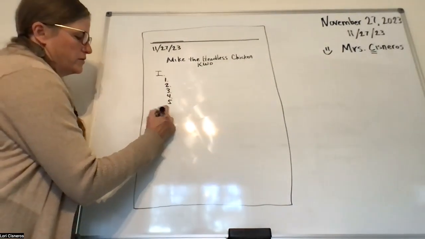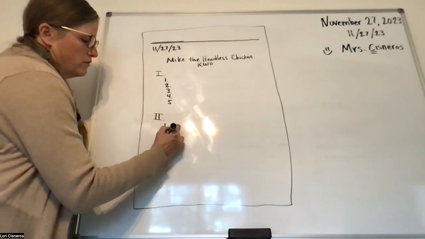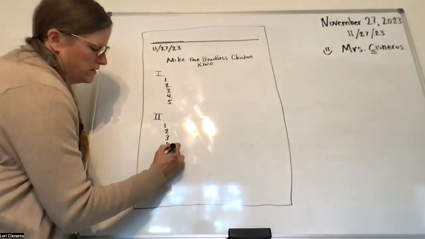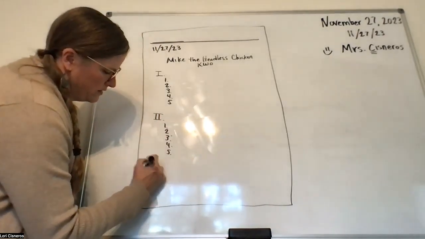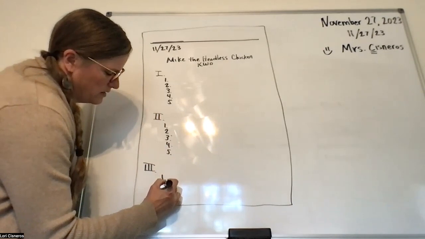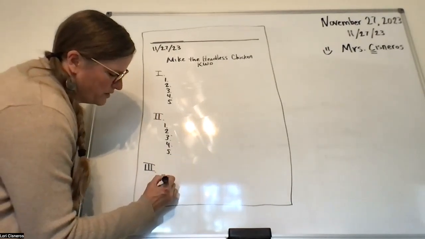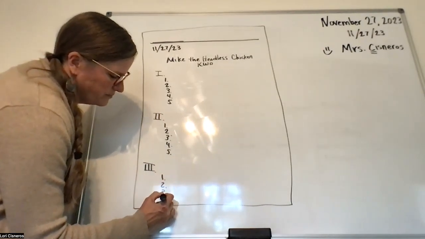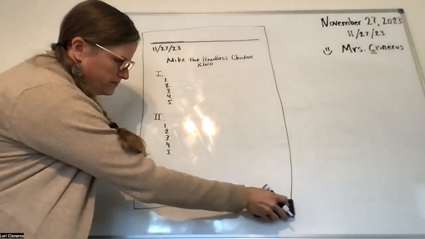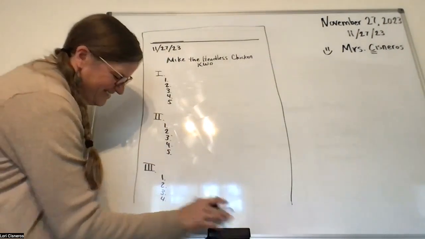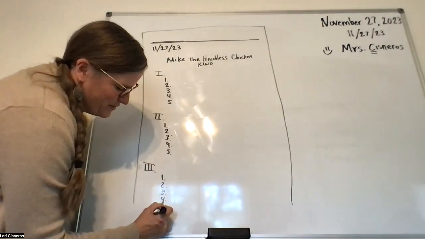Then skip a line, Roman numeral 2, 1 through 5. Roman numeral 3. Wait, so we basically have to write an essay? Yeah, that's pretty much what we do every week in here. But yes, this is writing.